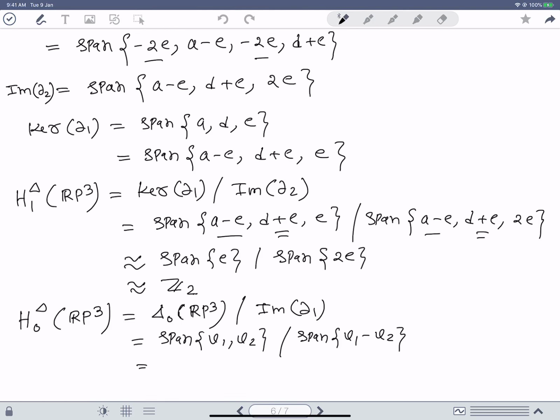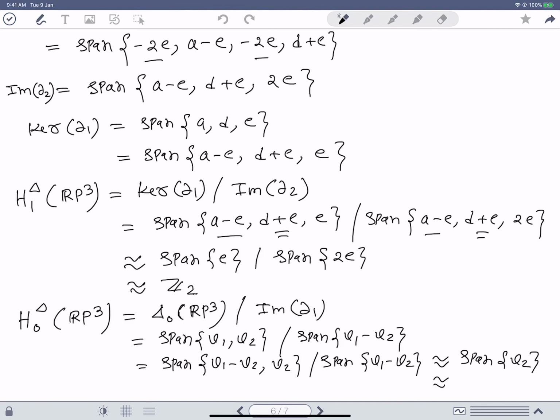Now again you can write it is a span of V1 minus V2, V2 quotient with span of V1 minus V2. Now this is isomorphic to span of V2, and that is Z.